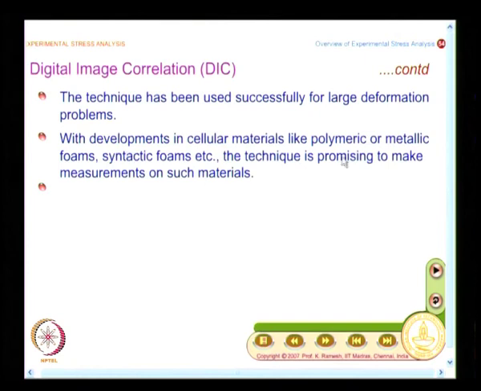Now you travel at 350 kilometers per hour, and when you increase the speed, any collision becomes dangerous. So, you need a protective mechanism, and people are thinking of using metallic foams and synthetic foams, and all these materials are very peculiar. Even to find out the material properties, they cannot do a conventional test, and they depend on digital image correlation.